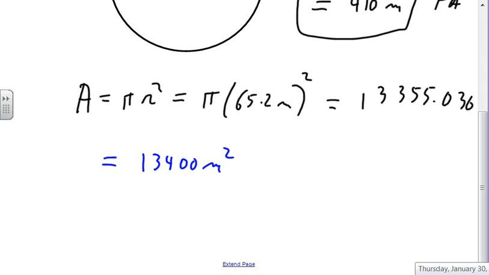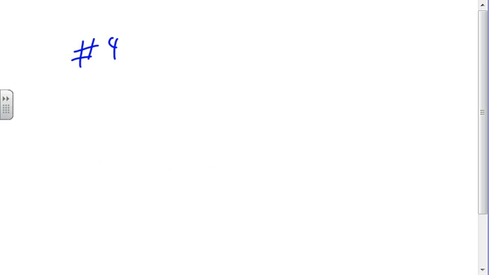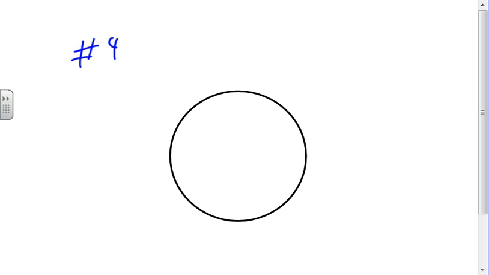Okay, next we're going to do number 4. I have a circle, and the diameter is 1,150 kilometers.